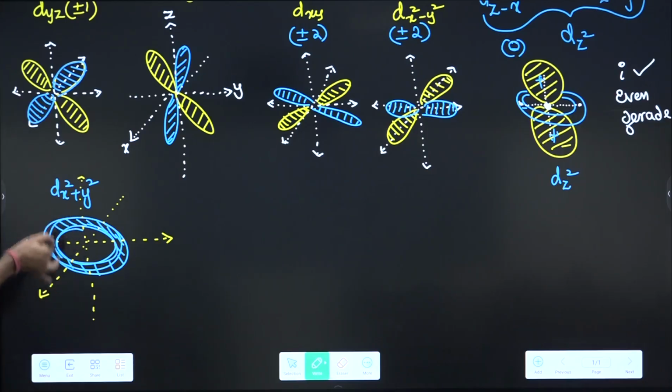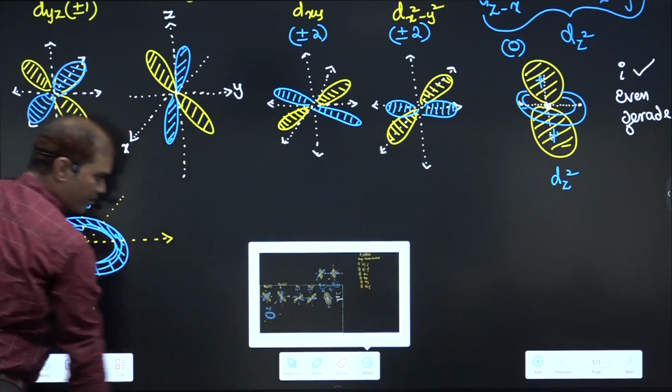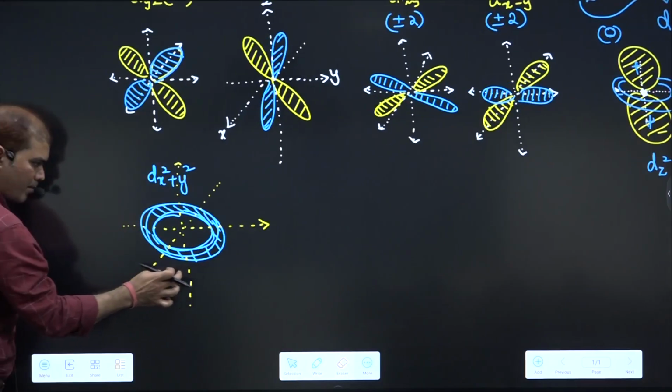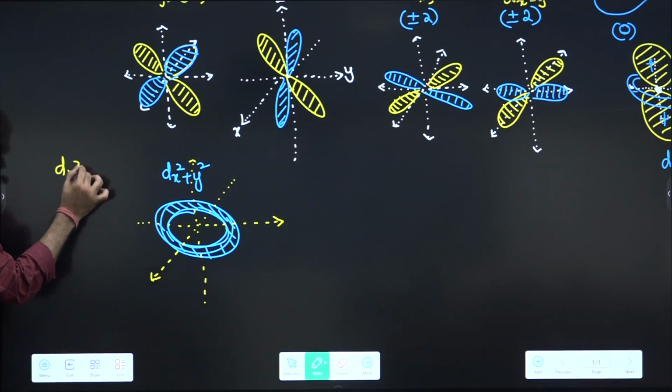So you have to put the electron density along x and y, and there is no breakage. Everywhere it is like plus only. This is dx square plus y square. Can I draw dz square plus x square? Z square plus x square. How should I draw it?